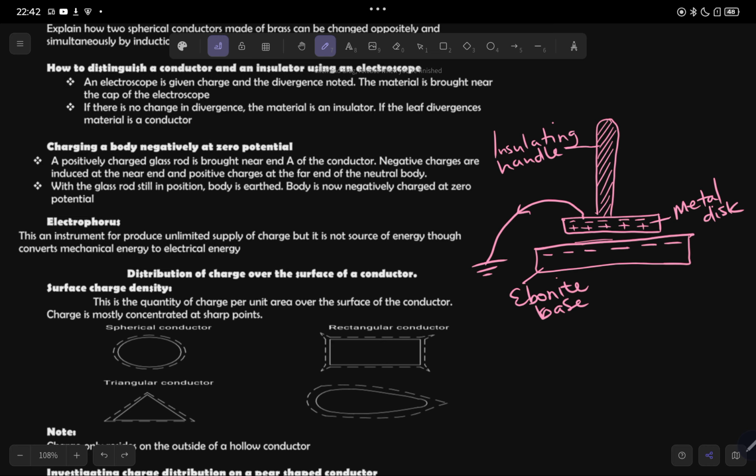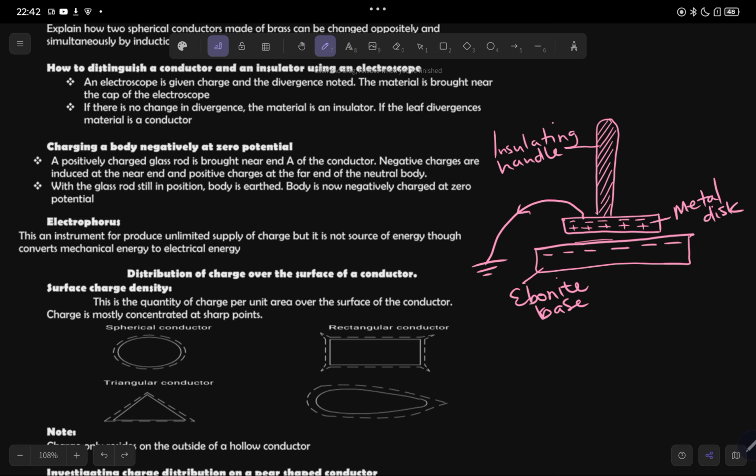Now, it has been discovered that charge is mostly concentrated at the sharp points. In other words, we find more charge, or a higher charge density, at the sharp points of the conductor compared to the points which are not so much curved. If you look at a spherical conductor, a sphere has no sharp ends, so its charge distribution is uniform across the whole conductor.